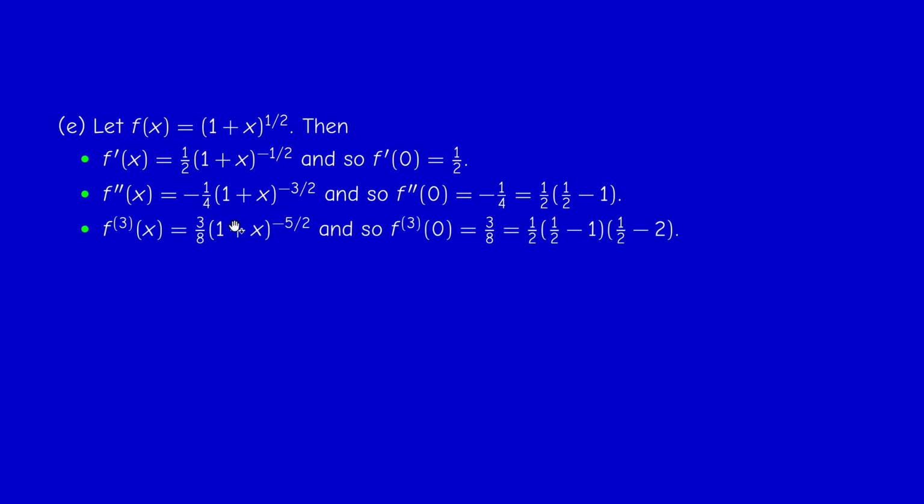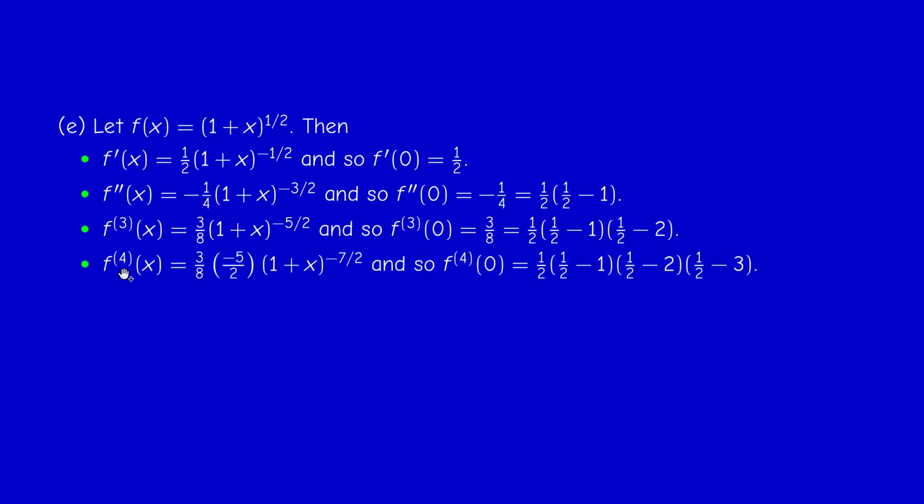A third time we multiply the previous number by minus 3/2 actually. But minus 3/2 can be written as 1/2 minus 2. So we see the pattern here. If I differentiate another time, I get 3/8, the previous one multiplied by minus 5/2, and I can write minus 5/2 as 1/2 minus 3.